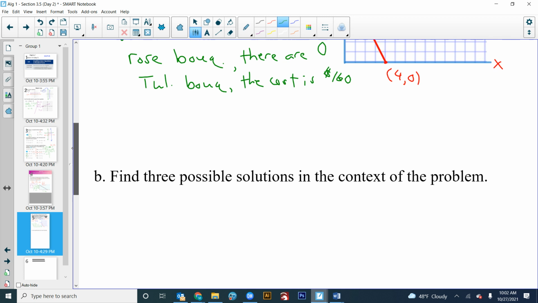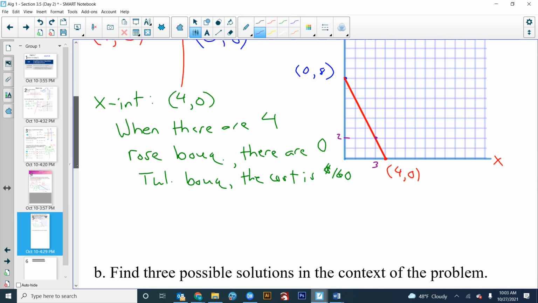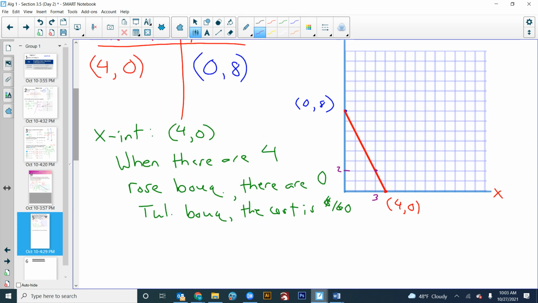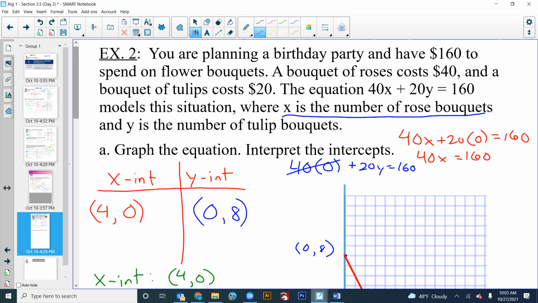Find 3 possible solutions in the context. So do you agree there could be combinations of the two? So maybe that kind of looks like it. We'd have to test it. What does the x mean again? x is the roses. And maybe 2 tulips. How could we check that? Plug in 3 for x and 2 for y.